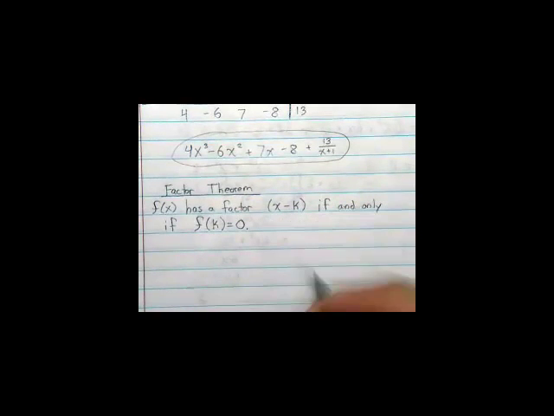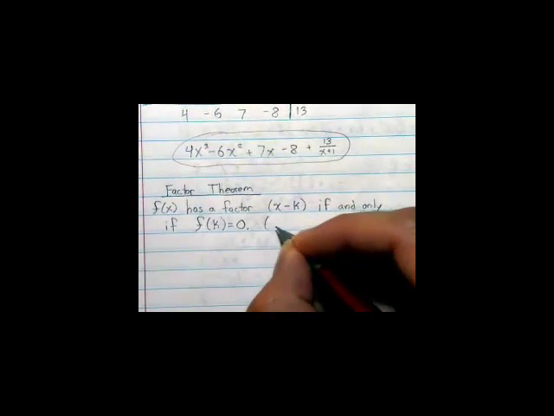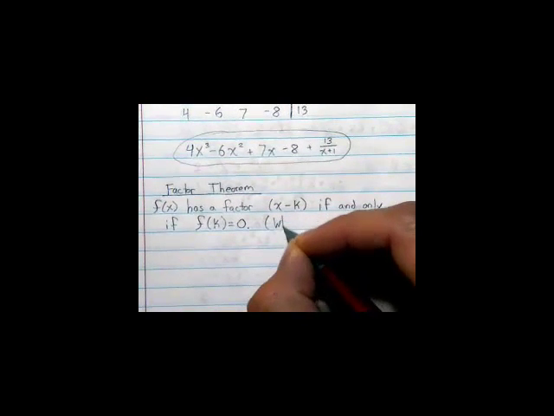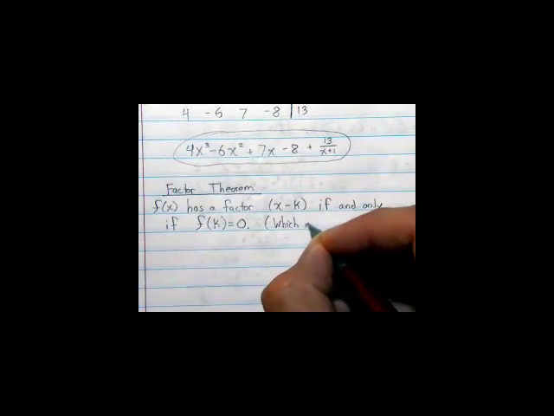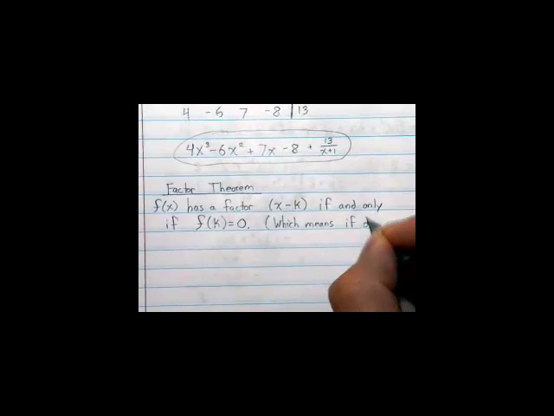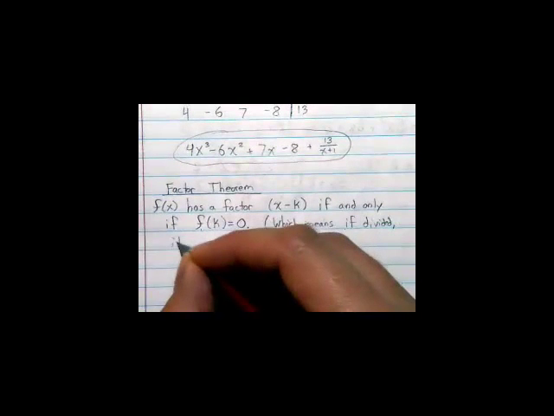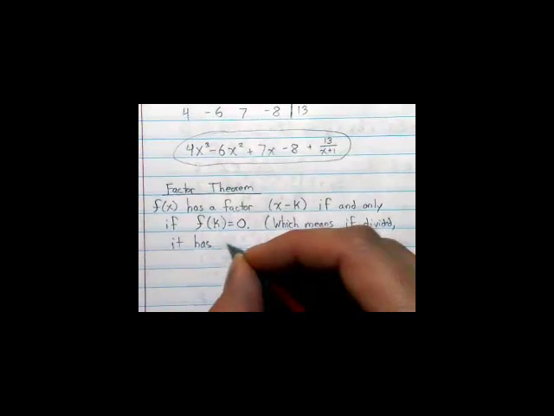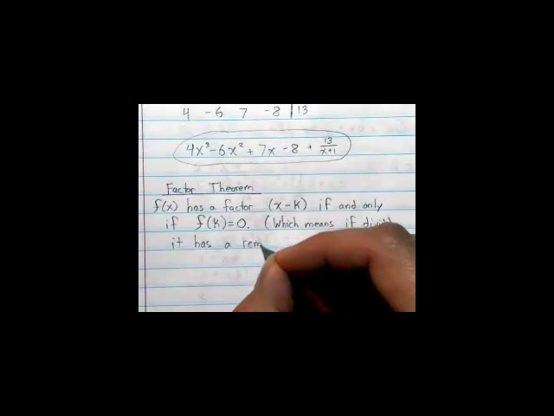Okay, so that's the definition, but I'm going to put in here, which means if divided, it has a remainder of 0.